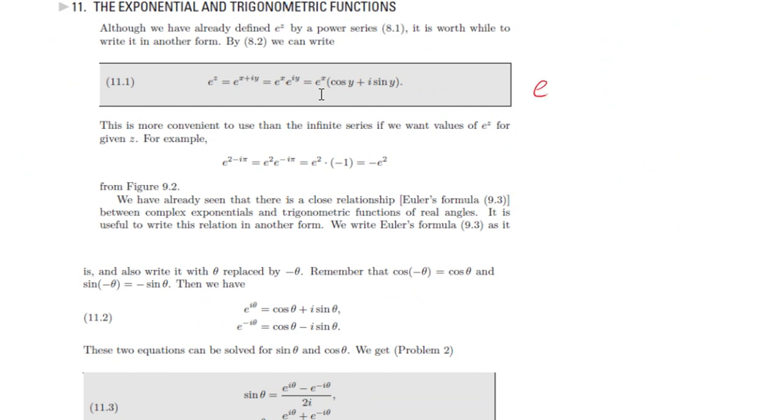So e to the power z, and z itself is a complex number, so you just replace it with its Cartesian form, e to the power x plus iota y, and then you write it as e to the power x times e to the power iota y, and e to the power x remains like that, and e to the power iota y you can write as cosine of y plus iota sine of y.